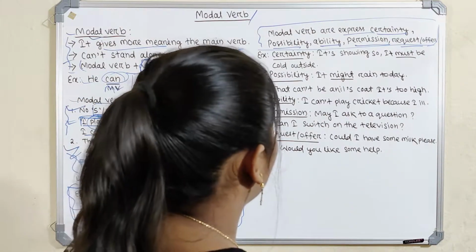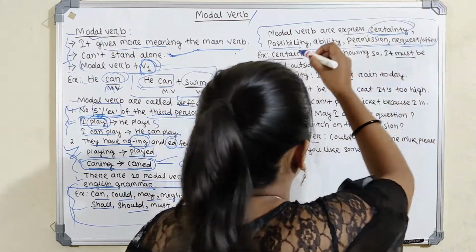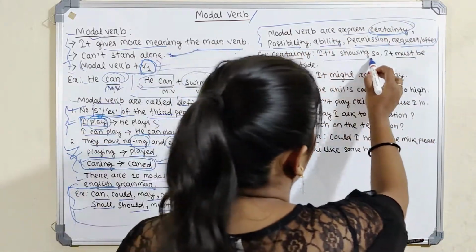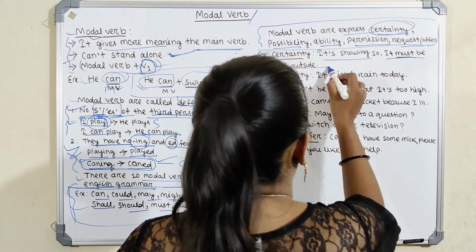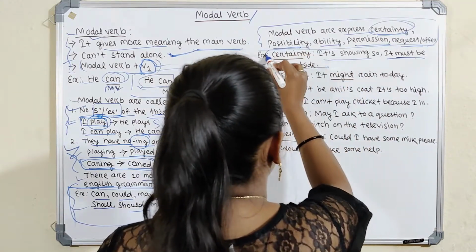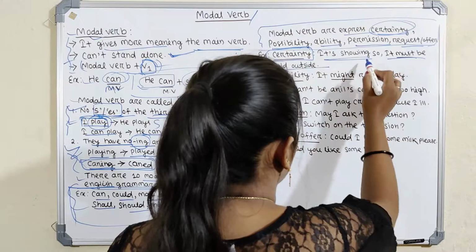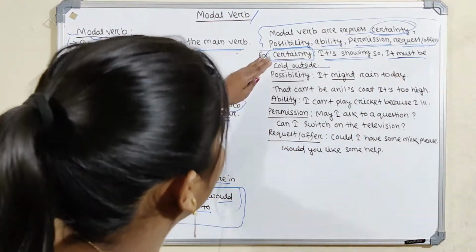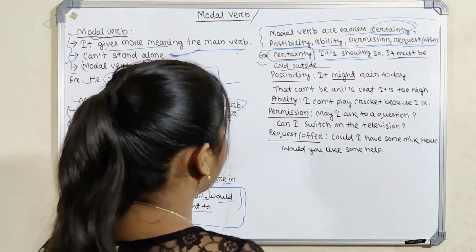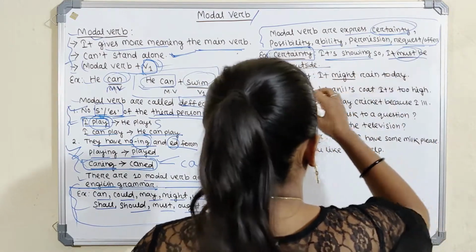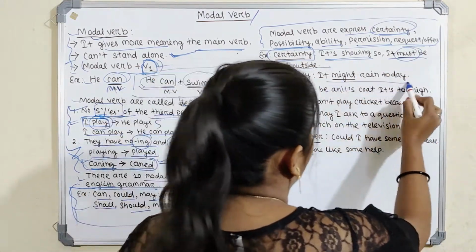Let's take an example of certainty: it must be cold outside. It shows the certainty about the atmosphere being cold. So in case of certainty, we use the modal verb must. Possibility: it might rain today.